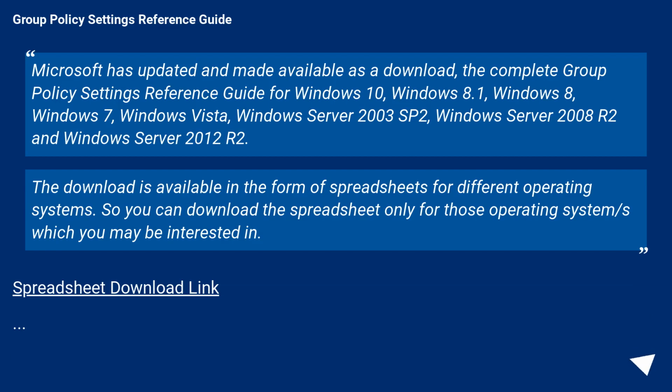Microsoft has updated and made available as a download the complete Group Policy Settings Reference Guide for Windows 10, Windows 8.1, Windows 8, Windows 7, Windows Vista, Windows Server 2003 SP2, Windows Server 2008 R2 and Windows Server 2012 R2. The download is available in the form of spreadsheets for different operating systems. So you can download the spreadsheet only for those operating systems which you may be interested in. Spreadsheet download link.